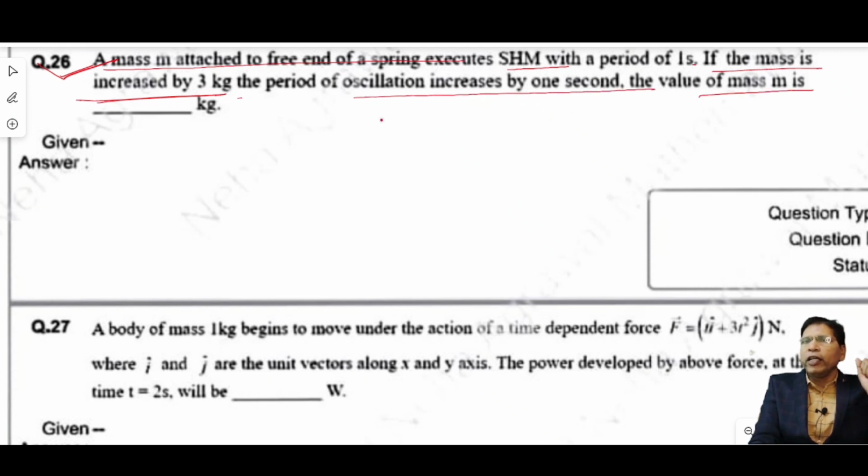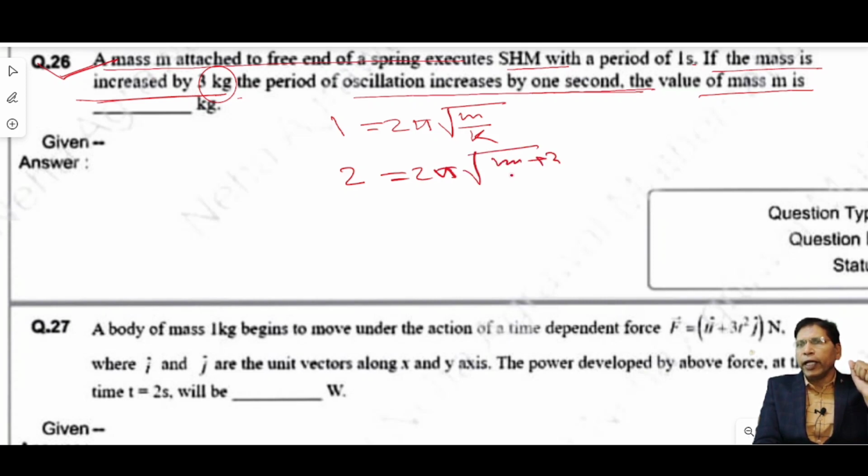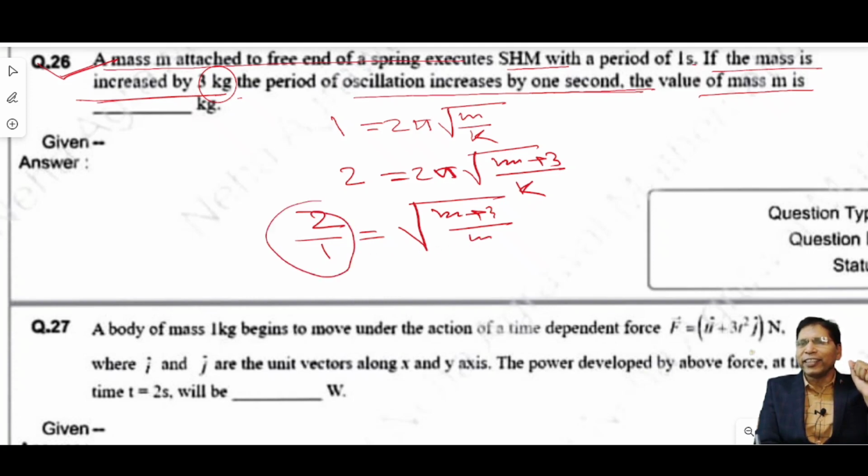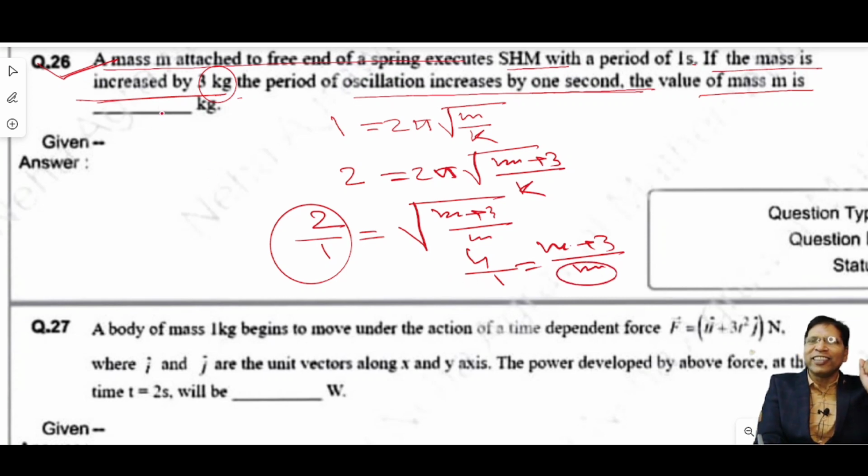Find the value of mass M. Time period 1 equals 2 pi root M by K. Now when 3 kg mass is added, the time period increases by 1 second, so it is 2 equals 2 pi root over M plus 3 divided by K. Therefore, 2 by 1 equals root over M plus 3 by M. Squaring, 4 by 1 equals M plus 3 by M. What is the value of M? Obviously, M equals 1, so this is 1 kg.